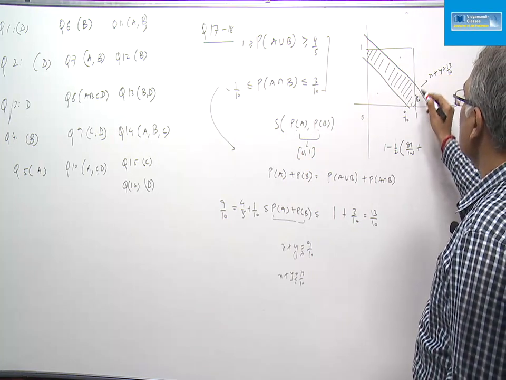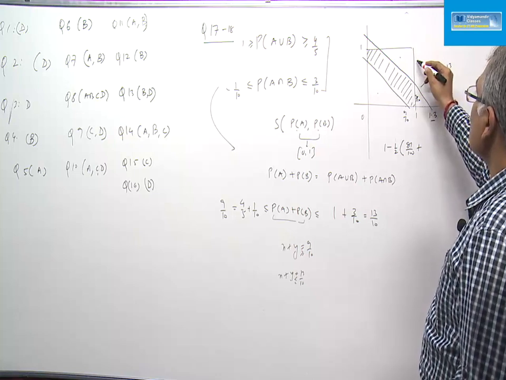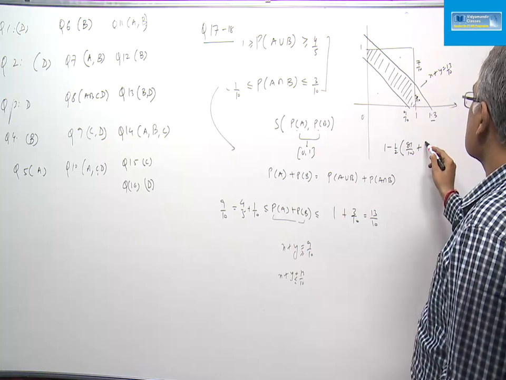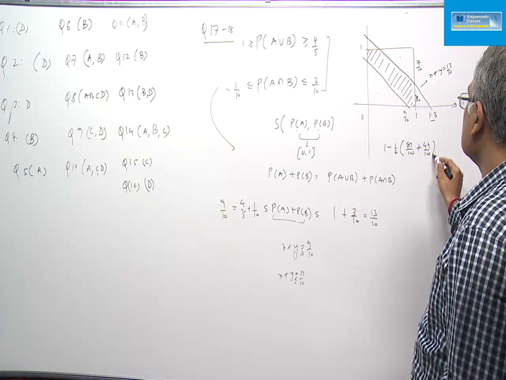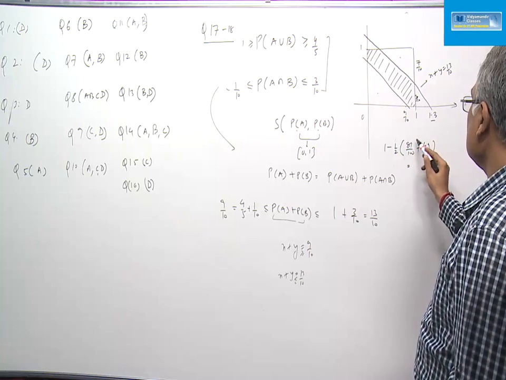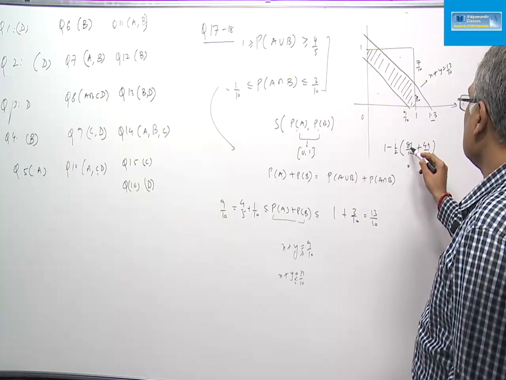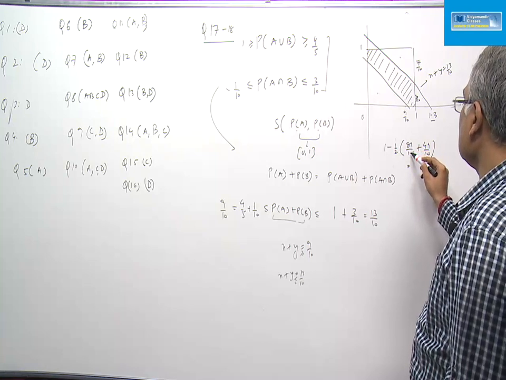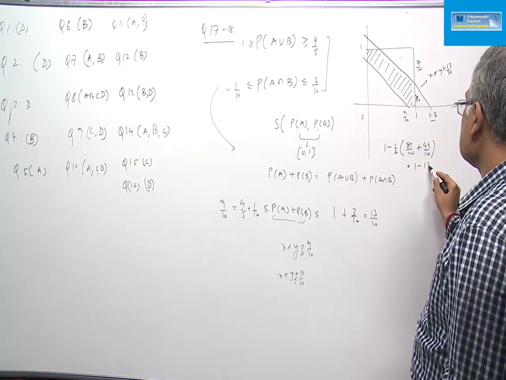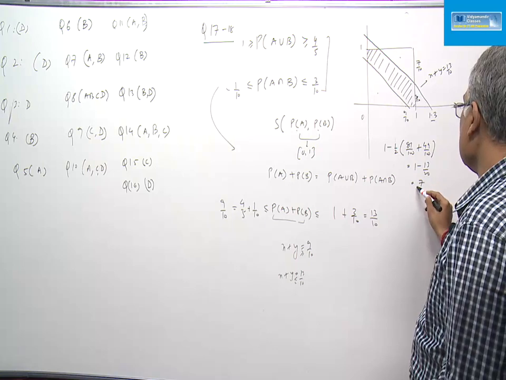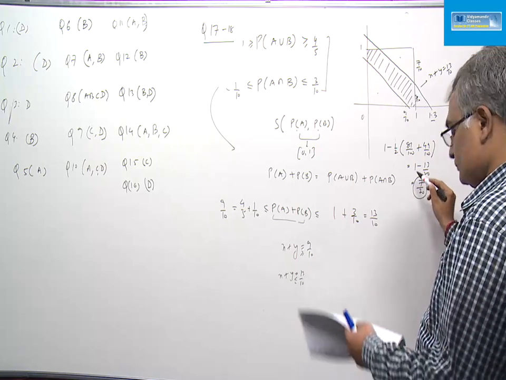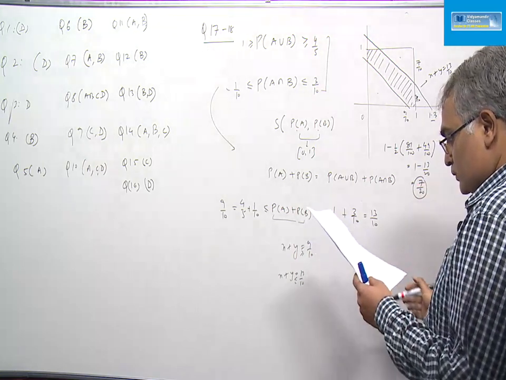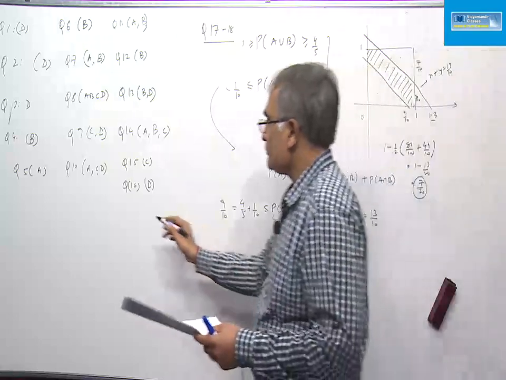This is 3 by 10. This must be 7 by 10. That is 49 by 100. That is coming out to be 130 by 100, 13 by 10, 13 by 20. 1 minus 13 by 20 is coming out to be 7 by 20. 7 by 20 square units, that is option C.